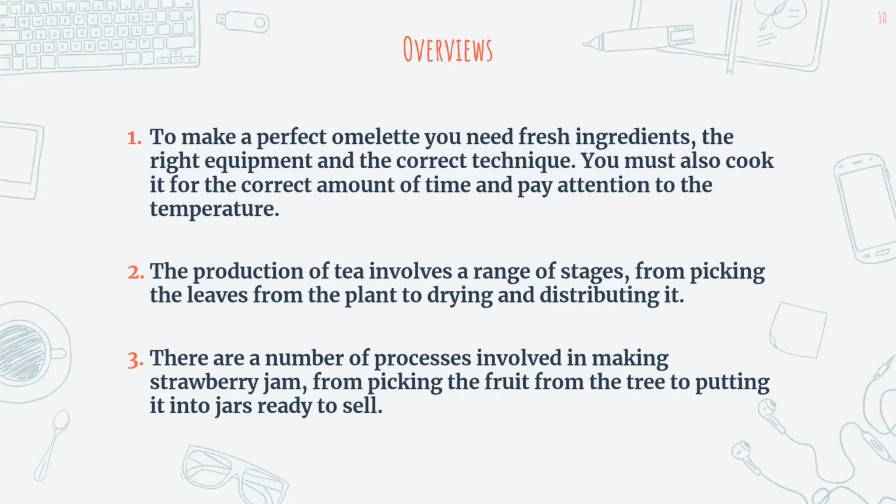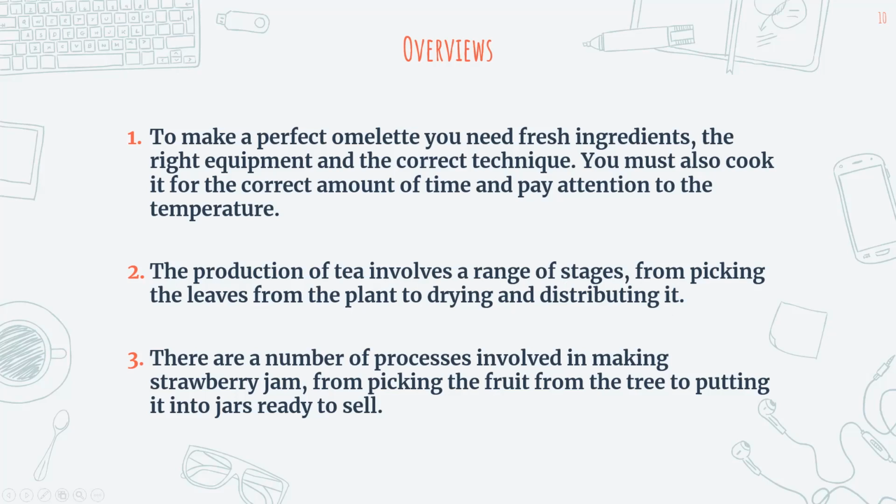Okay. Maybe you are talking about the process of producing tea. Okay, you could have an overview like the production of tea involves a range of stages, from picking the leaves from the plant to drying and distributing it. Okay, so it summarizes the whole thing.